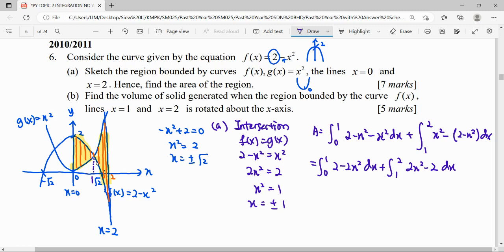Then we're going to start to do our integration. Integrate 2, we get 2x. For x squared, power plus 1 over new power.